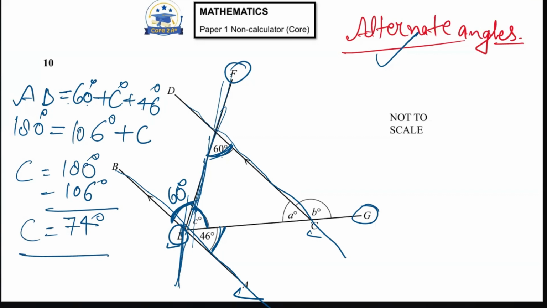One angle, we got it. So this C is your 74 degrees. Good. Now, if C is 74, can you tell me what about the A?